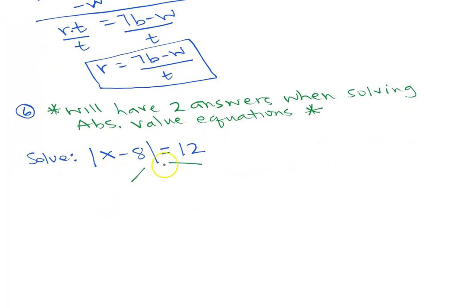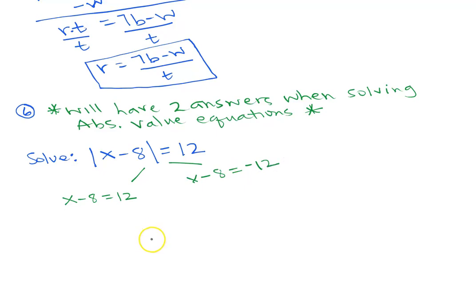The first one is going to be just the way this is without the absolute value bars: x minus 8 equals 12. And then the other one, take it out of the absolute value bars: x minus 8 equals the opposite of 12, or negative 12.